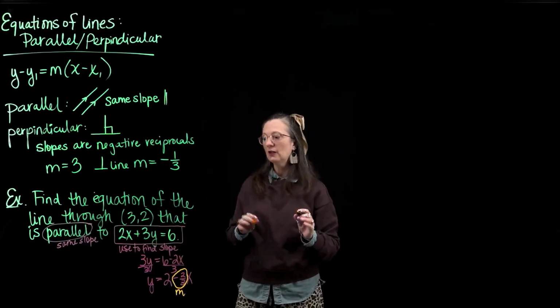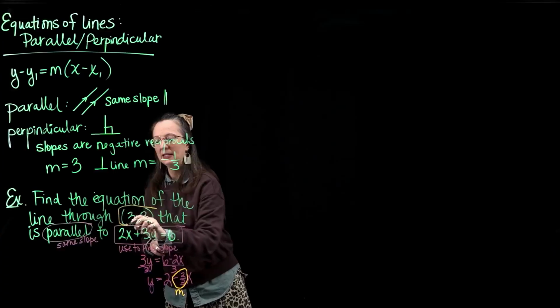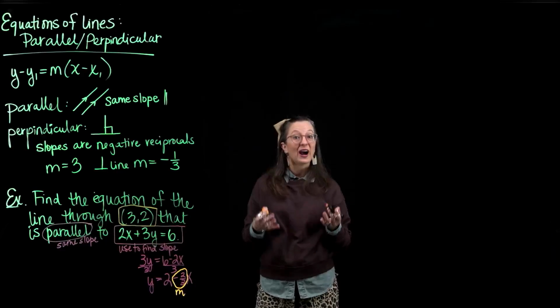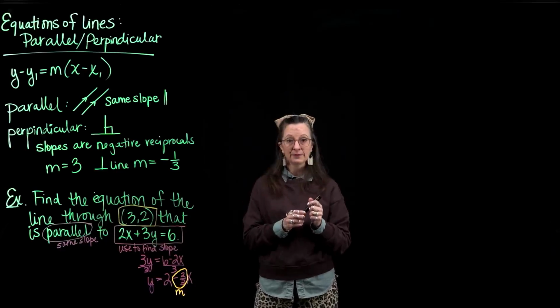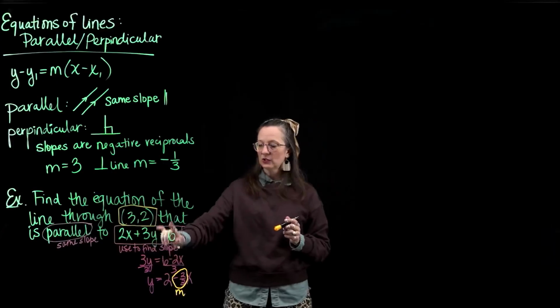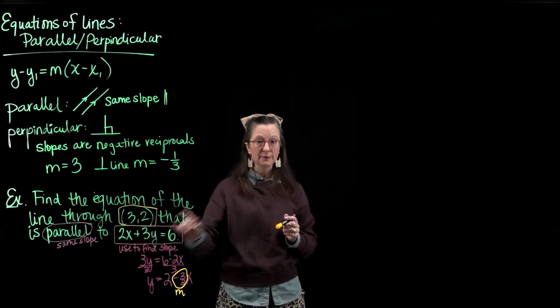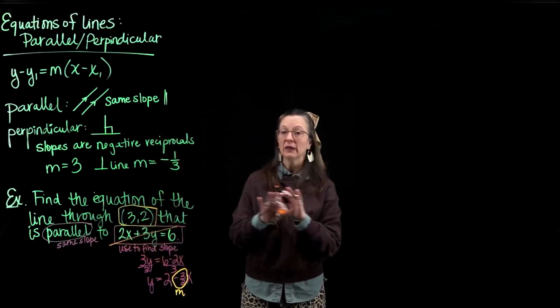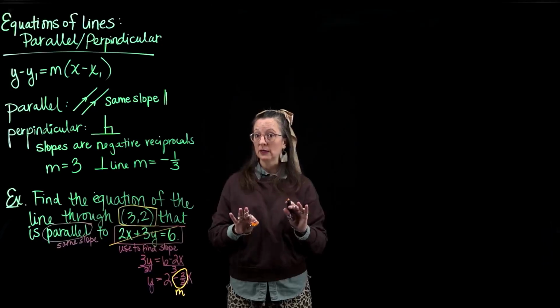Good information. When I combine it with the point that I have, I now can write the equation of this line. Now, once I've gotten the slope of the line I was given, I like to cross it out. That reminds me I don't need it anymore. I'm not going to be using it.